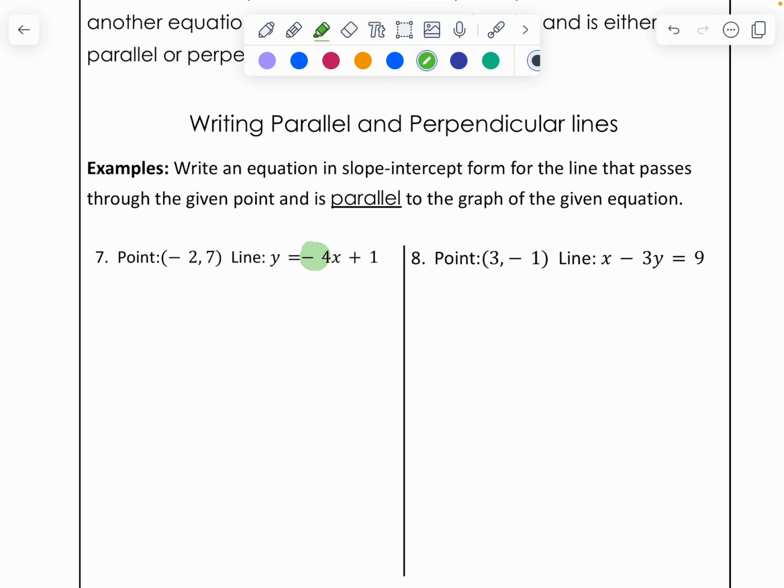So if we know that the slope is -4, that is m. And then we have a point, -2, 7. So if we know the slope and a point, we can use the point slope formula. Y equals m times x minus h plus k. And this will be h and k.